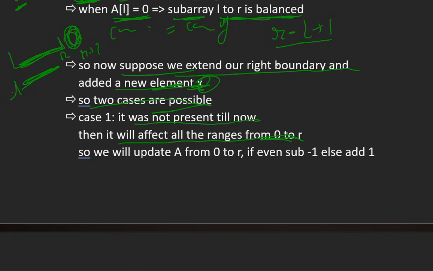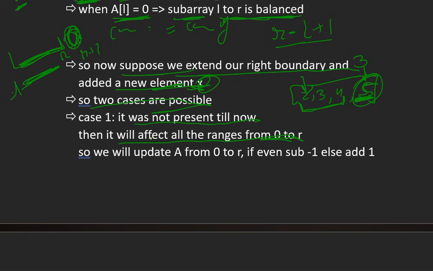Suppose we have 2, 3, 4 and we have already calculated up to this R. Now we have 5. If you see the range from 0 to 3, now it has 2 even and 2 odd. So the answer has changed due to the coming of this 5.